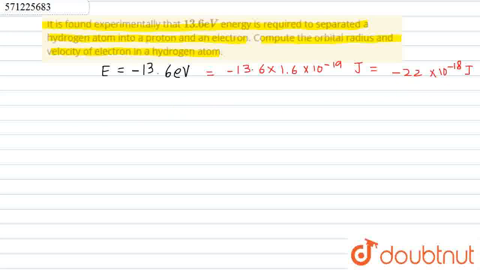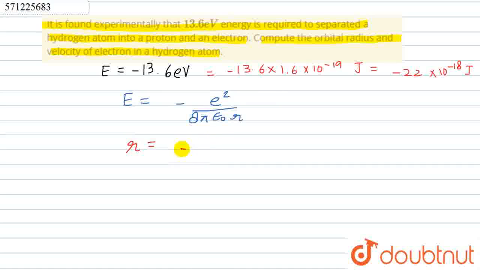So the formula for total energy is known to us, which is E is equal to minus e square upon 8 pi epsilon naught r. So here we'll make r, which is radius, the subject.